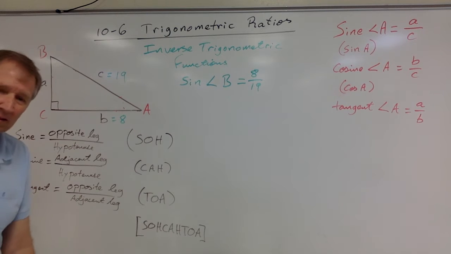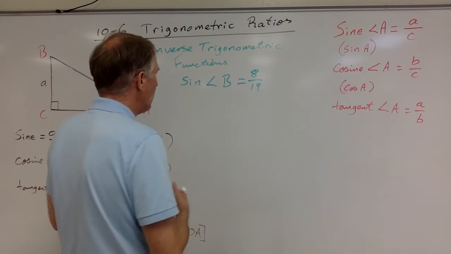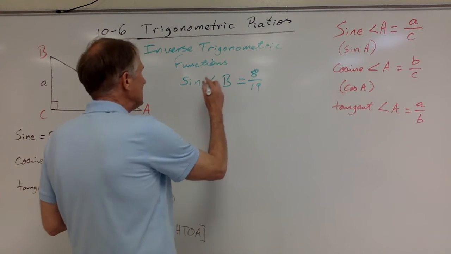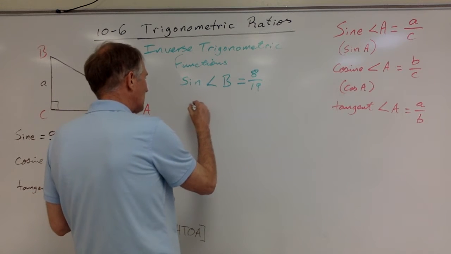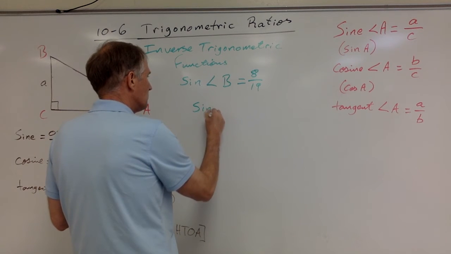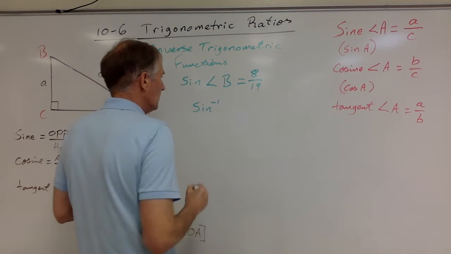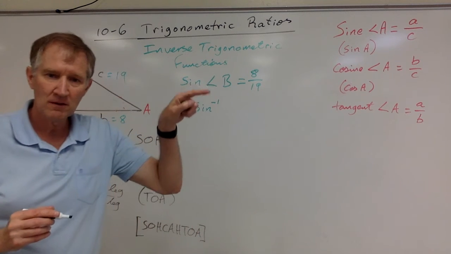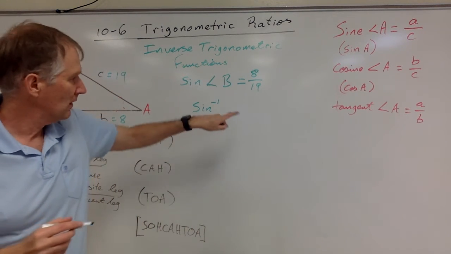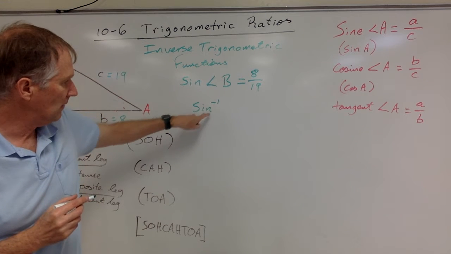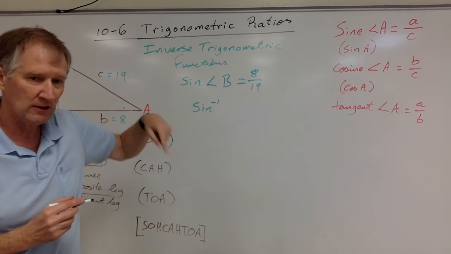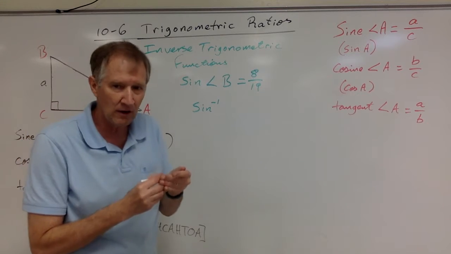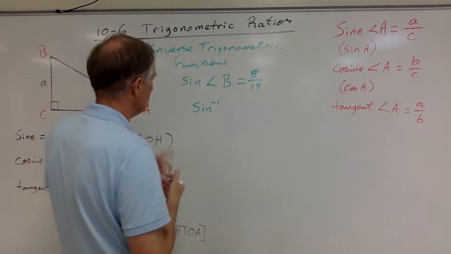But what's the angle? So the way we can write that is called the inverse function. And the way you write the inverse is sine, and then you raise that to -1. It's not to the power, but this is just how we write it. That just represents inverse. On your calculator, it's second function sine.